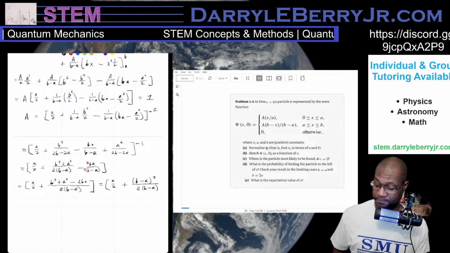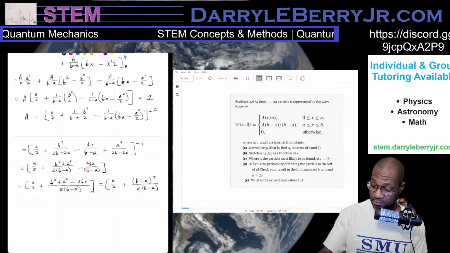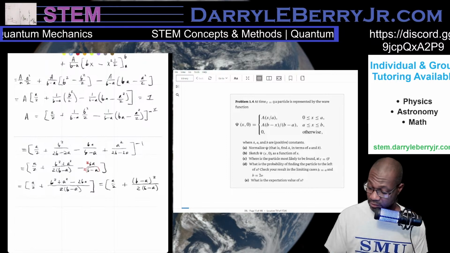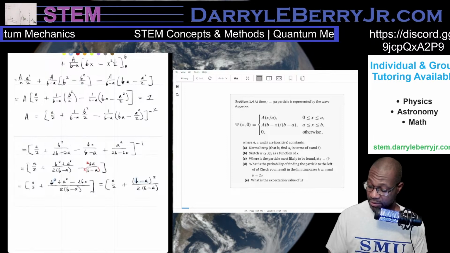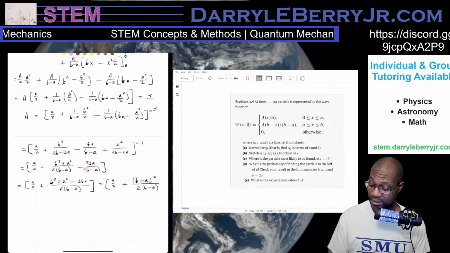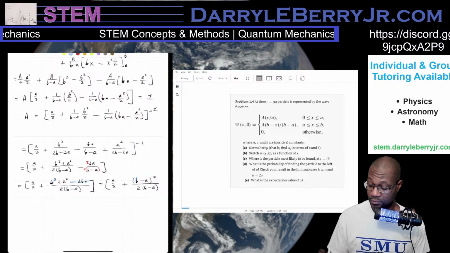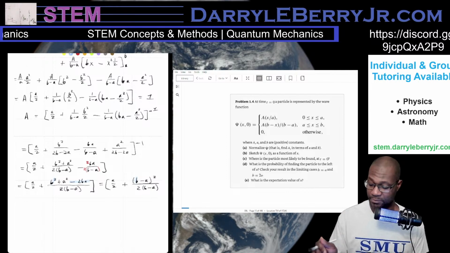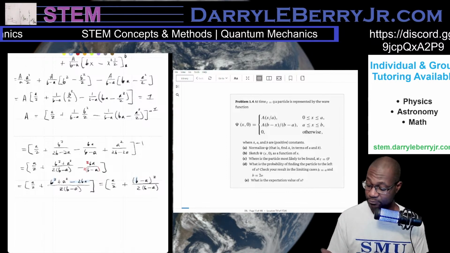So you see how that works? If I do b squared, I get this. The inner, I get b times a. Outer, I get b minus a, so that's 2b minus a. Excuse me, minus ba and minus ba is minus 2ba.